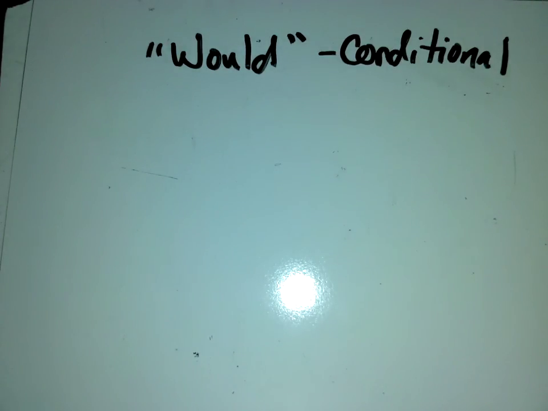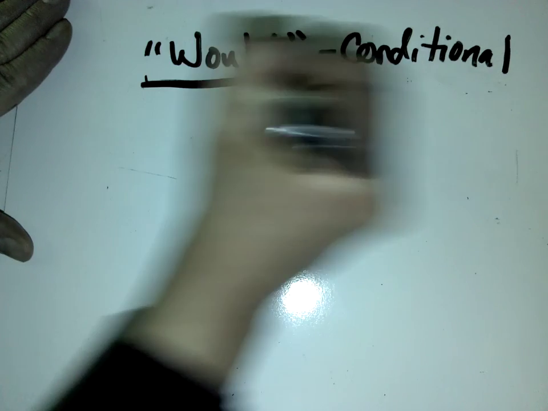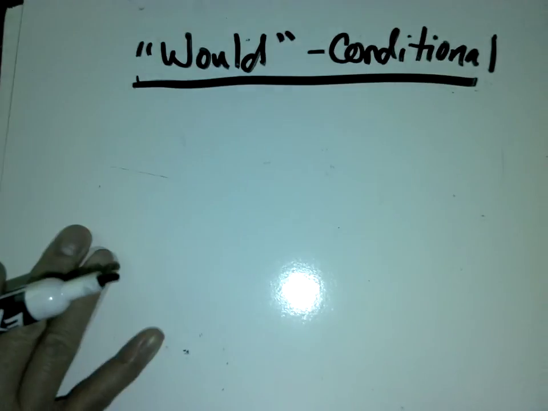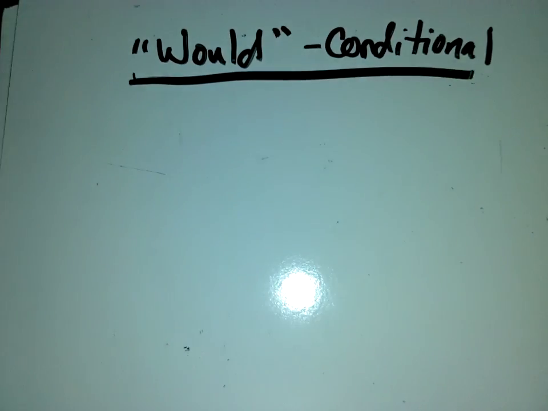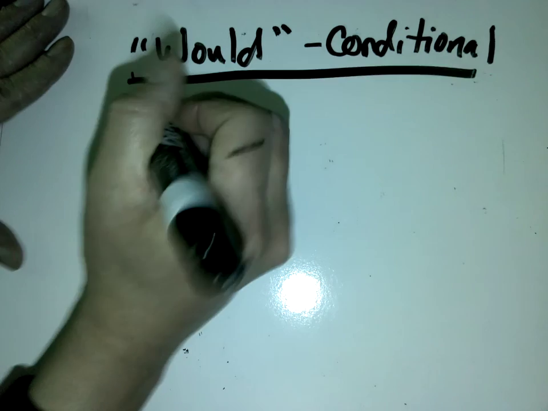But now how do we form the conditional? It's super simple. So can anybody remind me how we form the future tense? You have the infinitive plus an ending. And the endings in the future were é, ás, á, emos, án. So to form the conditional, this is going to look really familiar.